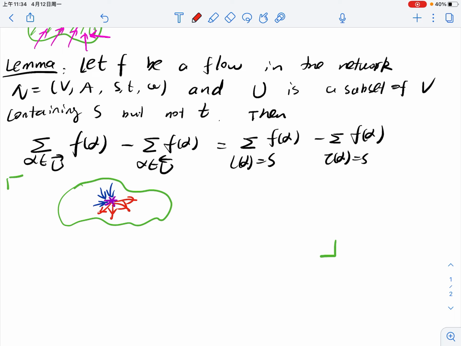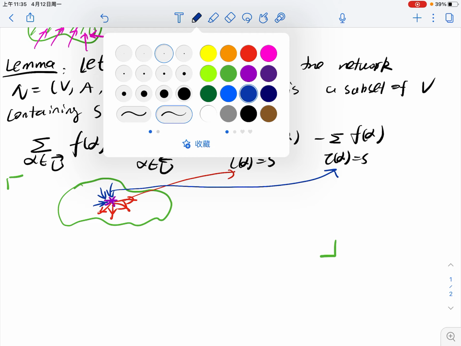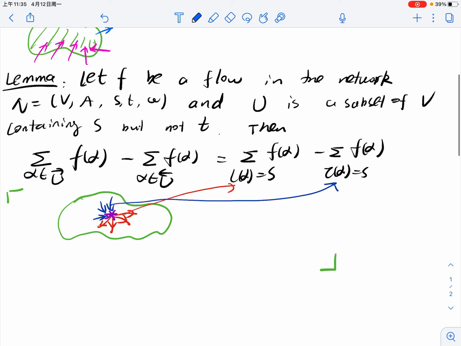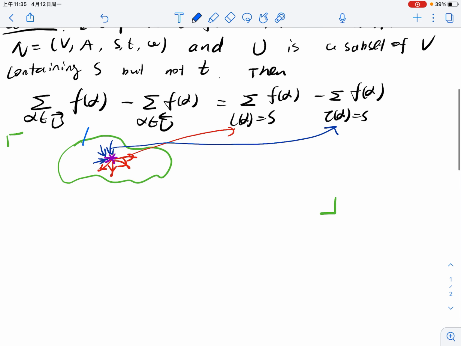The red part corresponds to this one. The blue part corresponds to this, and then outside we have the similar thing. So this is leaving U, and this is entering U.